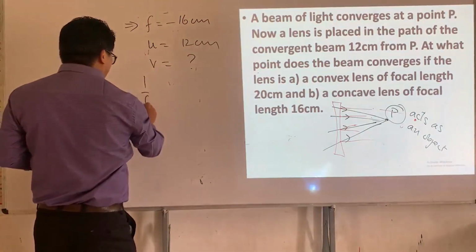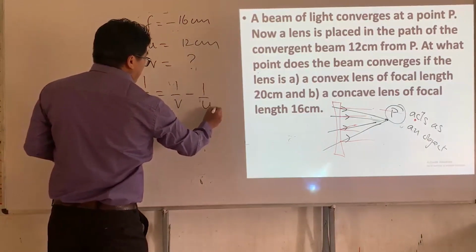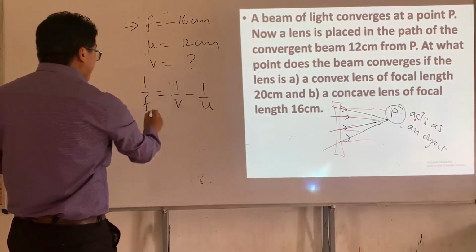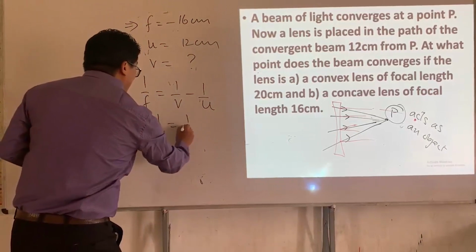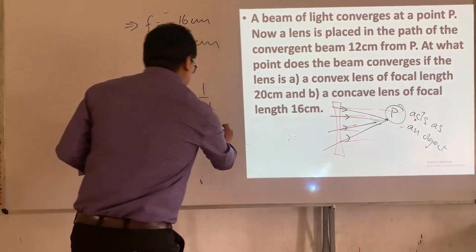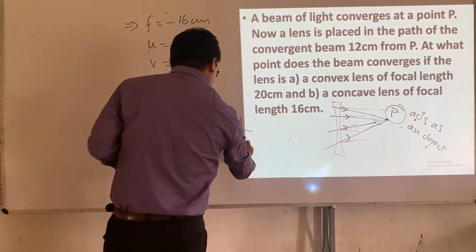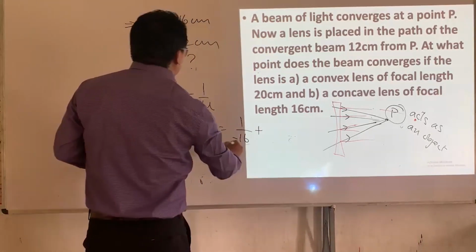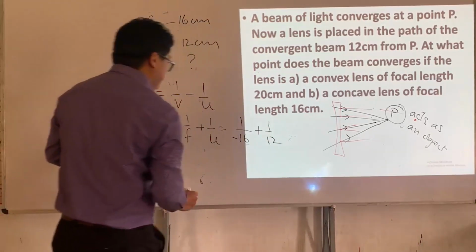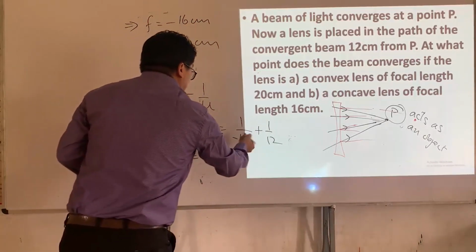So 1 by F is equal to 1 by V minus 1 by U. Alright. And 1 by V is equal to 1 by F plus 1 by U. And what is F? F is minus 16. What is U? U is 12.